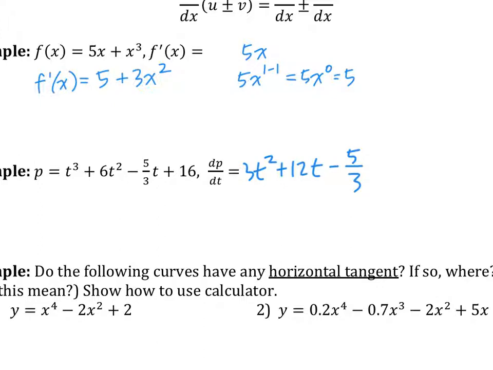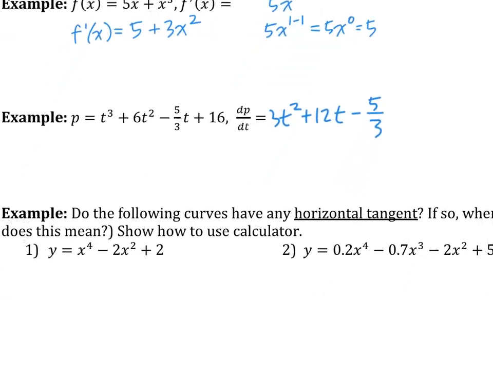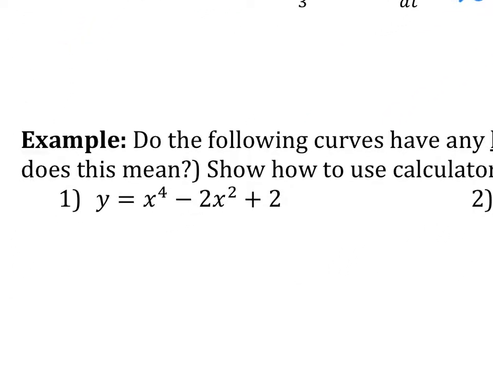So for a horizontal tangent line, what is the slope? 0. Very good. So how do you figure out where this curve has a horizontal tangent? Yes, where the slope is 0. How do you figure out where the slope is 0? Find the derivative. Perfect. So we need to find the derivative first.